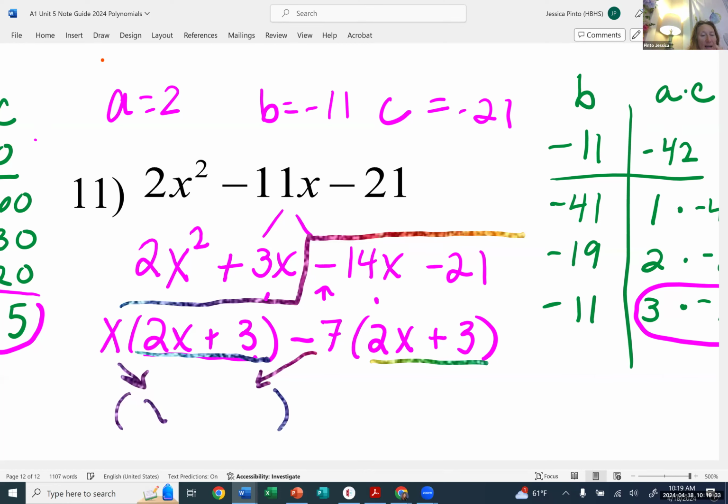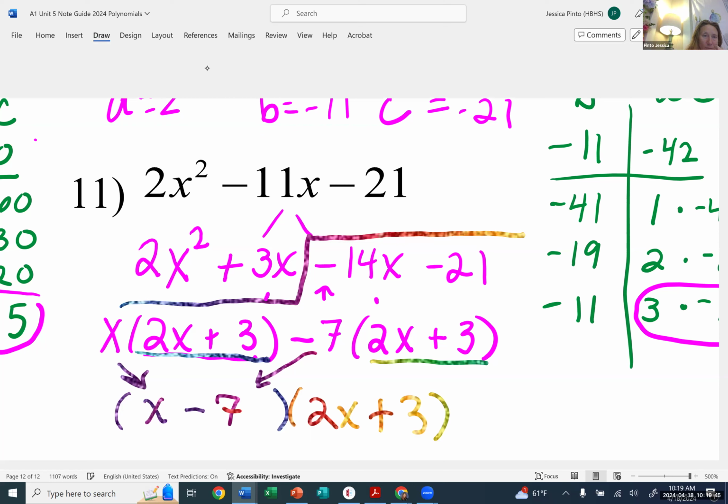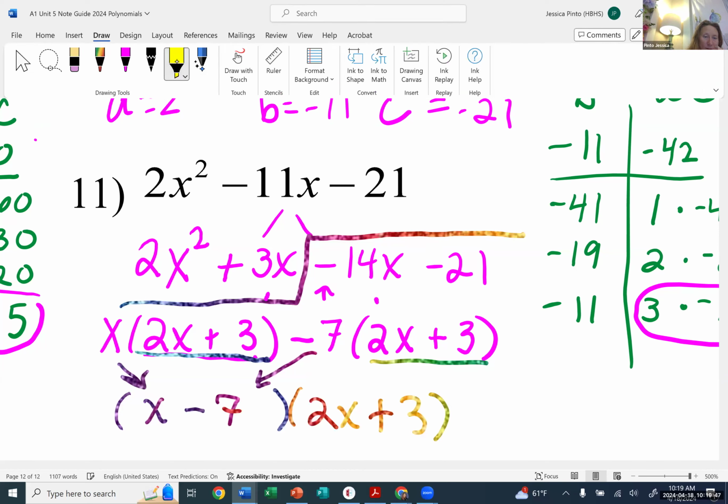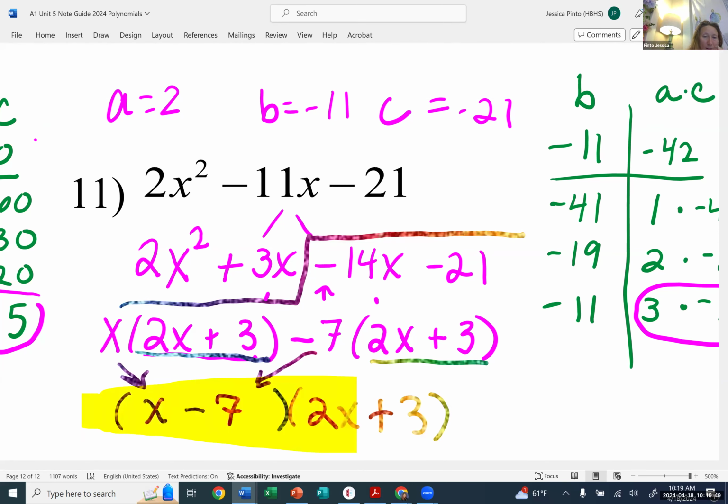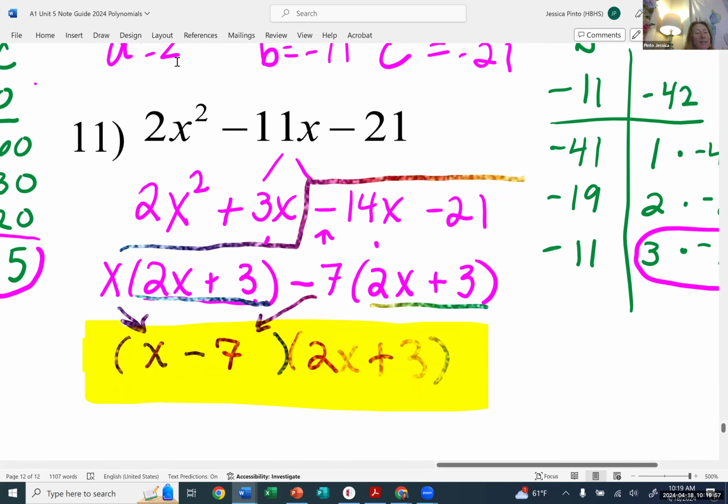This is going to be x minus 7 times 2x plus 3. This is the final answer. If I multiplied this back out, it would give me back this answer.